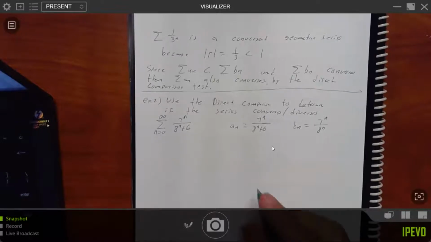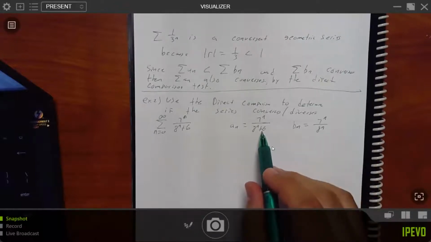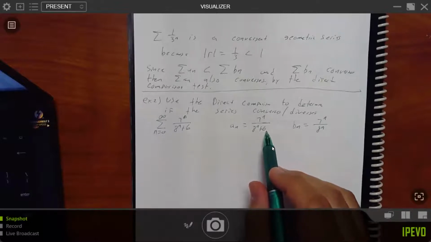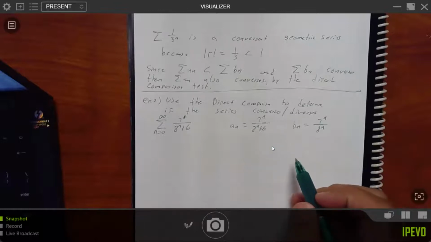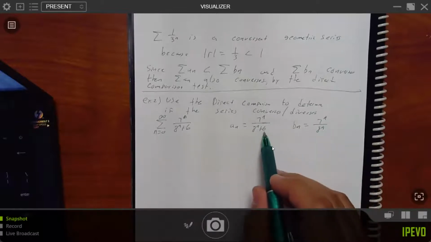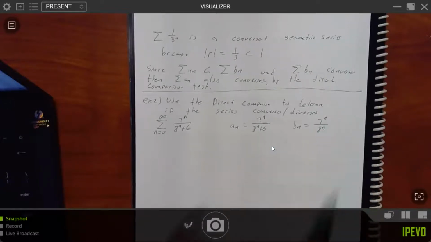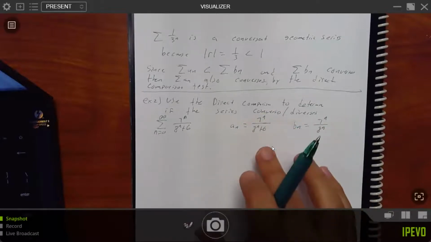All right, so we can tell which one's bigger, right? Which is the small one? Both have 7 to the n on top. This has a +6 at the bottom. So if the bottom is bigger, that means it's a smaller term, right?